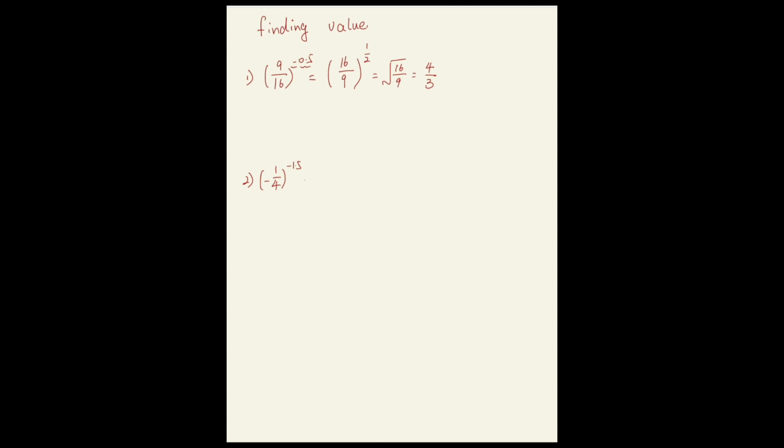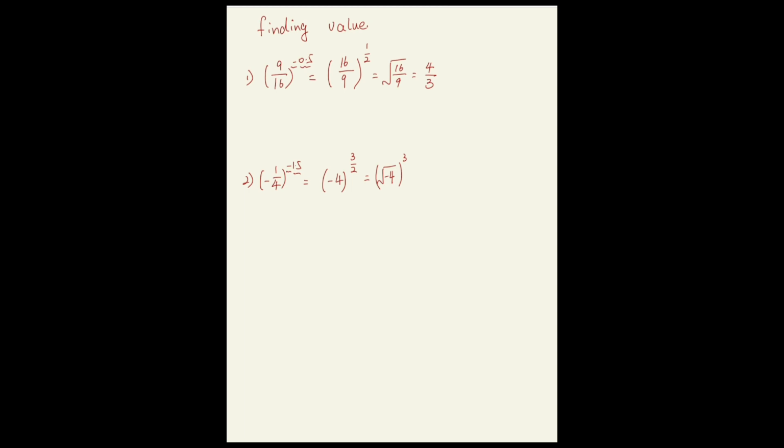So number 2, the same, we solve the negative sign first, and then we need to change the 4 from bottom to the top, so it's negative 4, and then we change the decimal to a fraction, it's 3 over 2. In this way we can rewrite this one as the square root of negative 4 raised to the power of 3.